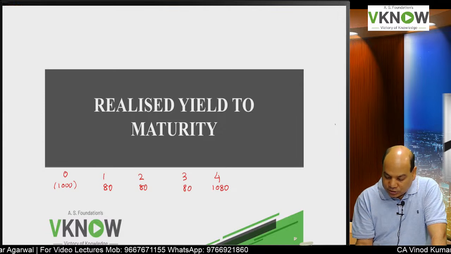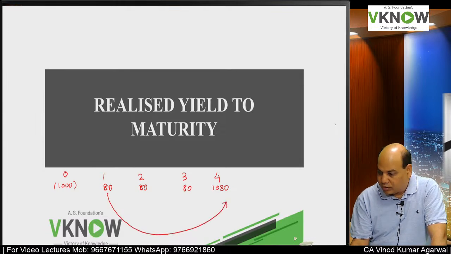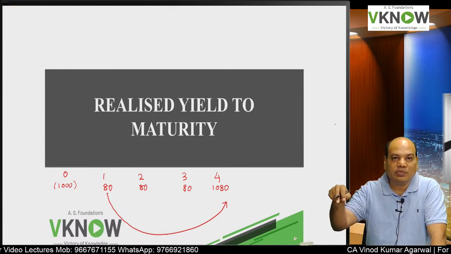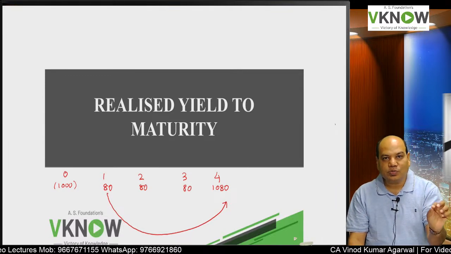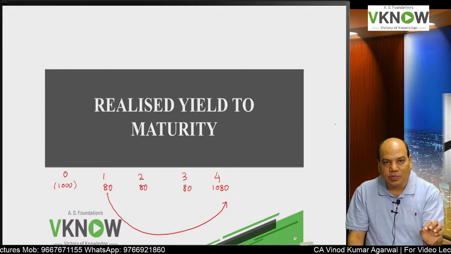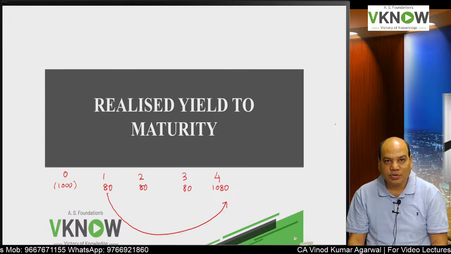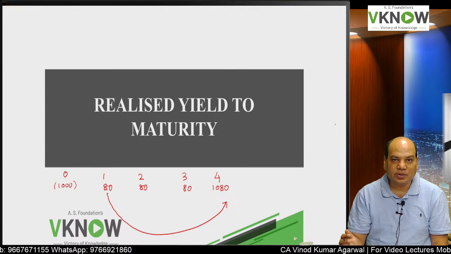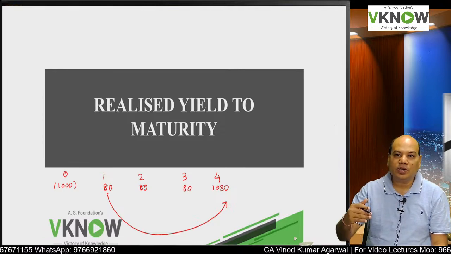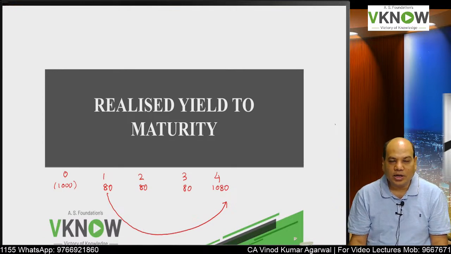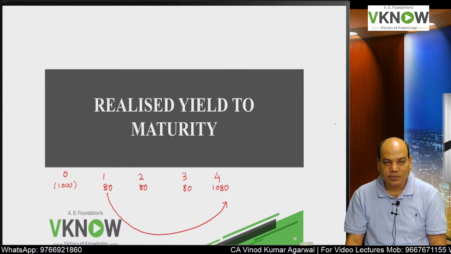So under this concept we are going to assume that the cash flow generated from the bond will be reinvested at an appropriate investment rate. That is the rate of interest that will be available after 1 year.